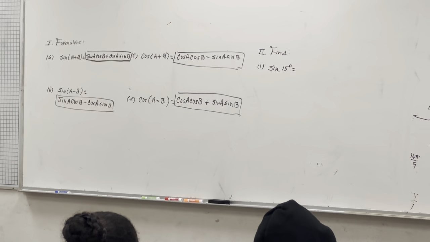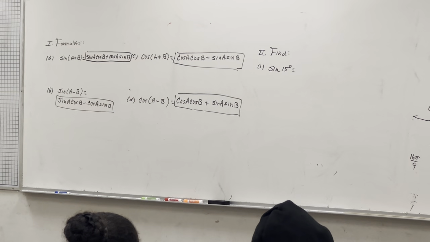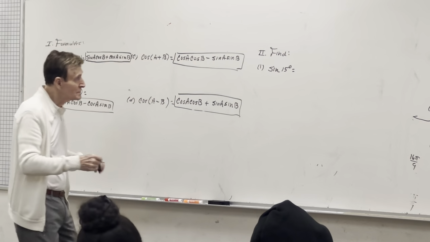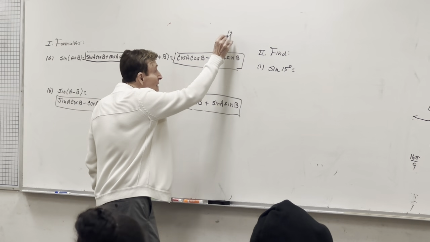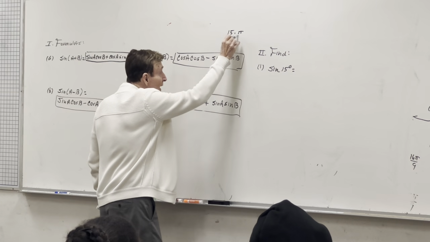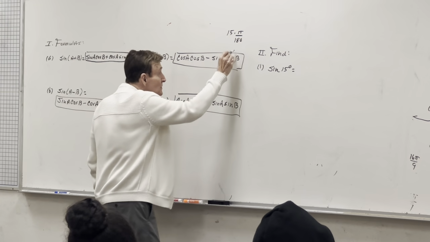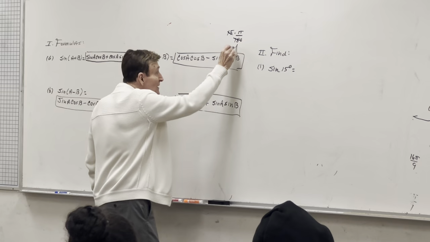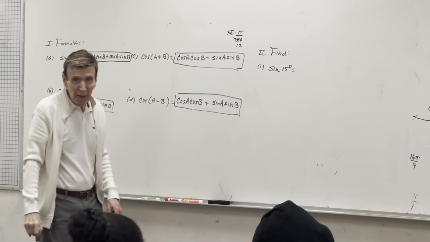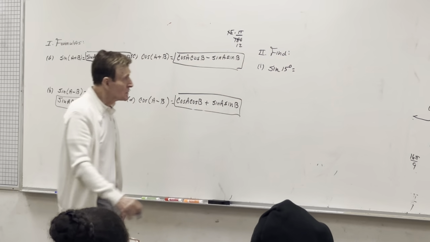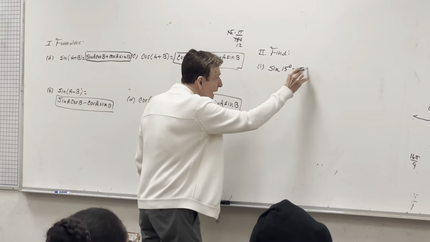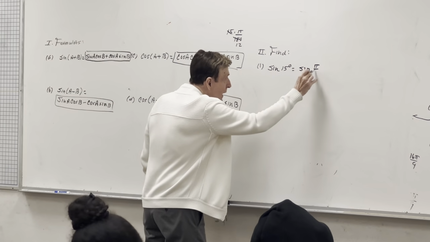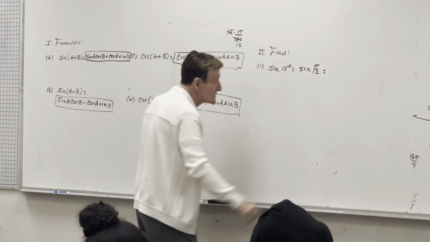And that's not an angle on the unit circle. Does anyone know, just out of curiosity, what 15 degrees looks like in radians? Is that pi over 180, my conversion factor? Cancel. Is that 12, guys? Is that pi over 12? So I could say this is the same as sine of pi over 12, if you want to do it in radians.